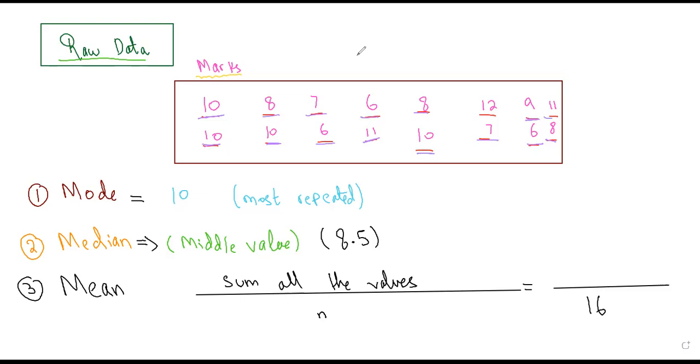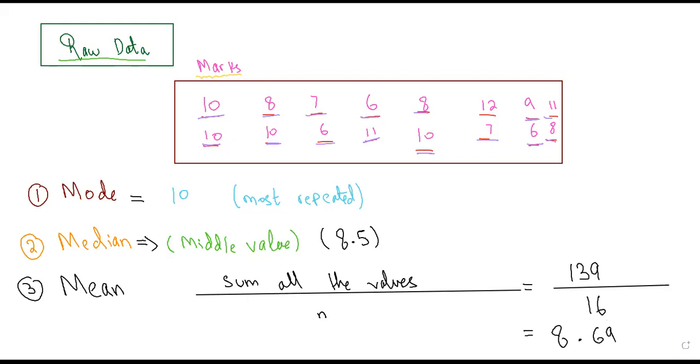Okay, very good, Saneem. Yes, it is correct. But I want all of you to participate. It should be 139. And the answer is going to be 139 divided by 16. So that would be 8.69. This is your mean.